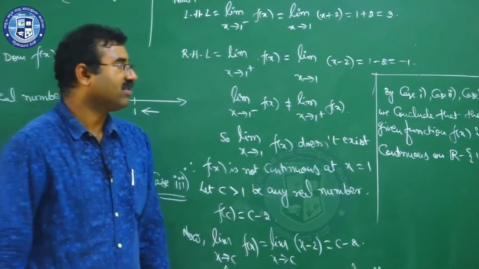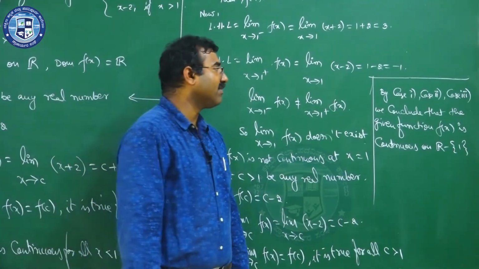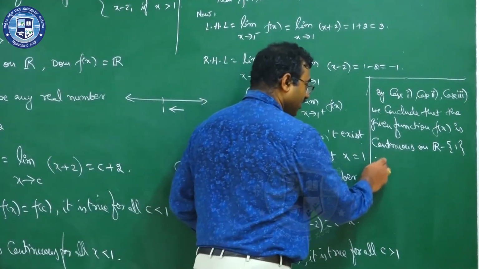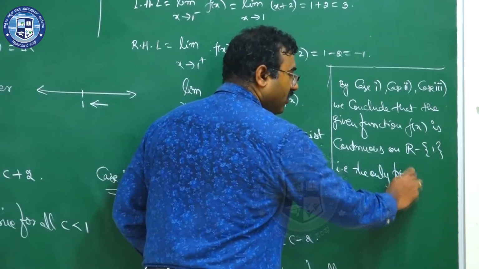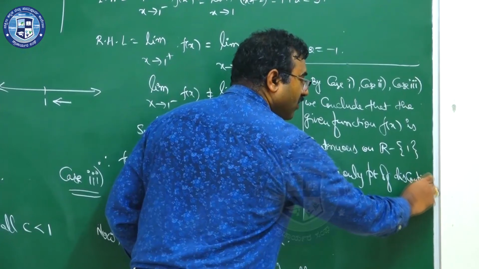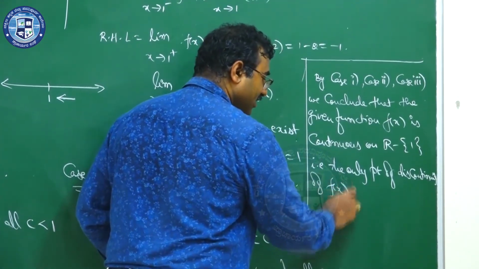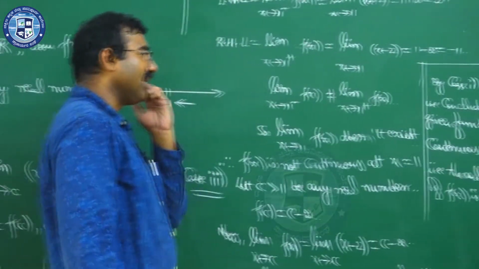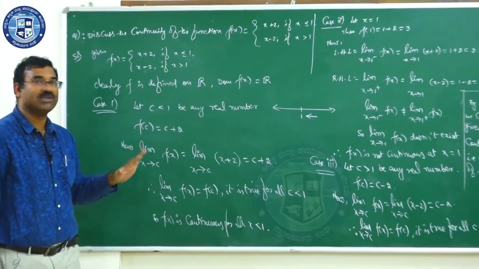The function f(x) is continuous on R minus {1}. That means the only point of discontinuity of f(x) is x equal to 1, right? This much we can give. So when they ask us to discuss the continuity of the function, this much we can do.